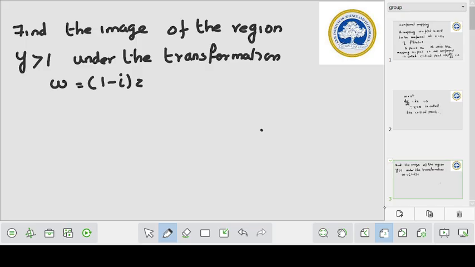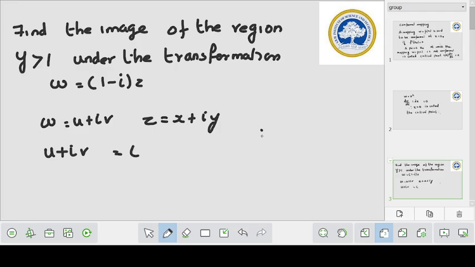So z equal to x plus iy and w equal to u plus iv. We just substitute w equal to u plus iv and z equal to x plus iy in the given transformation. So it becomes u plus iv equal to 1 minus i into x plus iy.